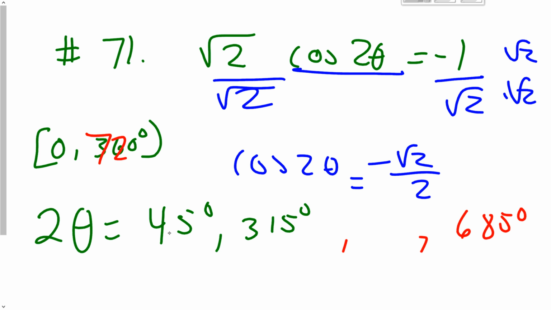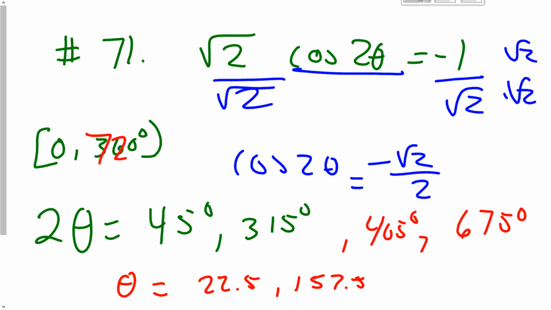Am I doing my math right? 45 plus 360 is 405, and then 315 plus 360 is 675. So there's the 4, and then we divide by 2, so theta equals 22.5, 157.5.